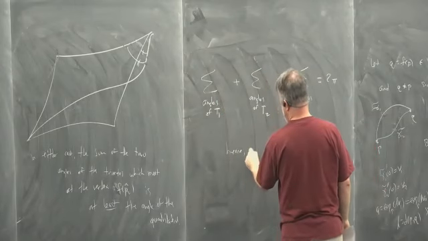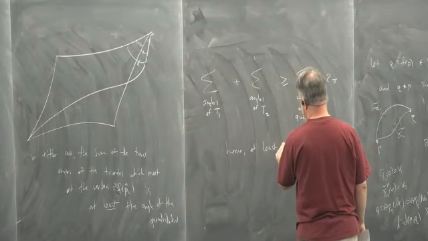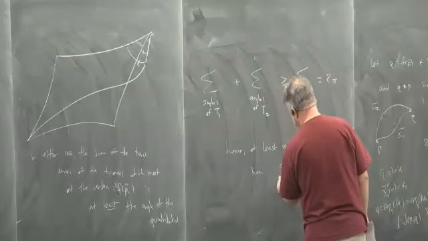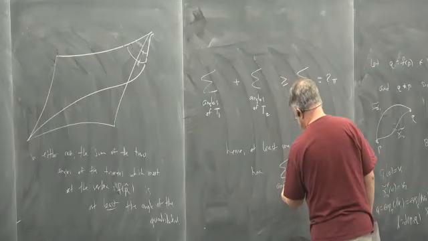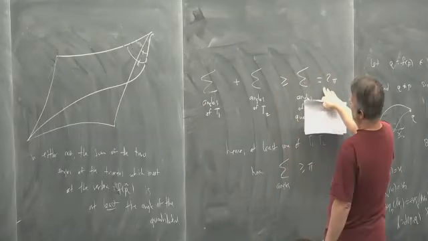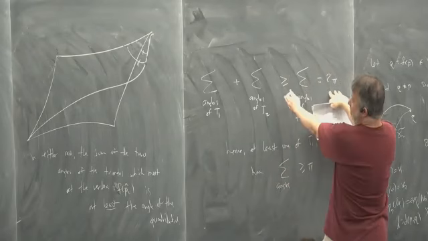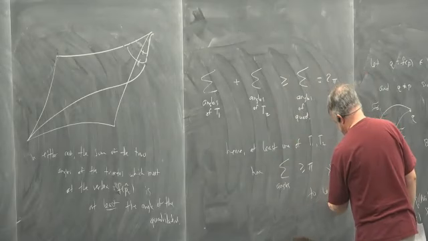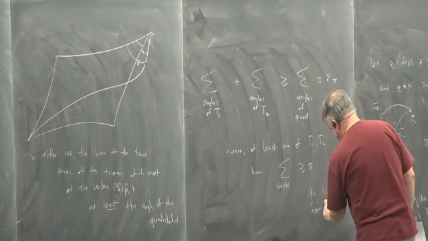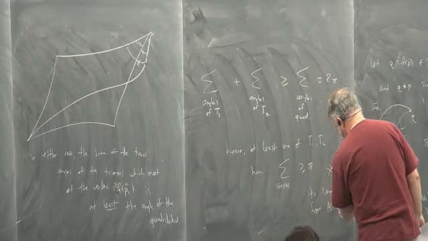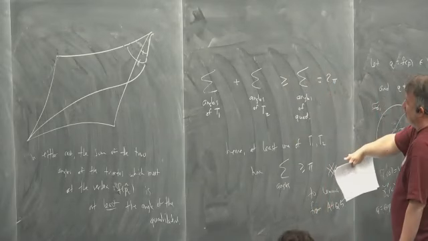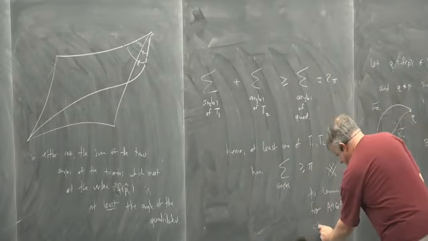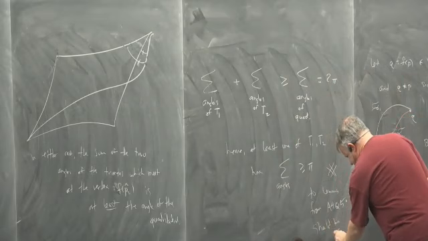So hence, at least one of T1, T2 has angle sum at least pi, because if they were both less than pi, this wouldn't happen. But that contradicts the lemma from assignment question 5 that we just reviewed, because we're in the negative curvature case, so this should be strictly less than pi.